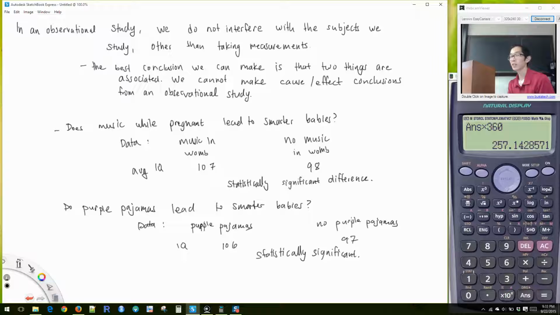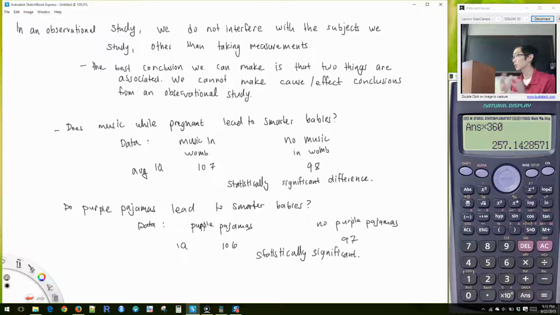And the answer is the purple pajamas don't cause an increase in intelligence. What's going on is that the parents who are going to stick their kids in purple pajamas are going to be one type of parent versus the parents who don't, and that is going to be the thing that makes a difference on the intelligence of children.